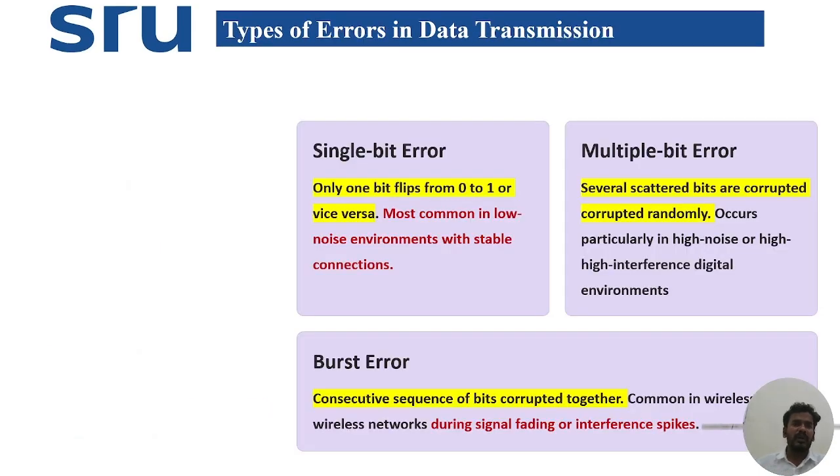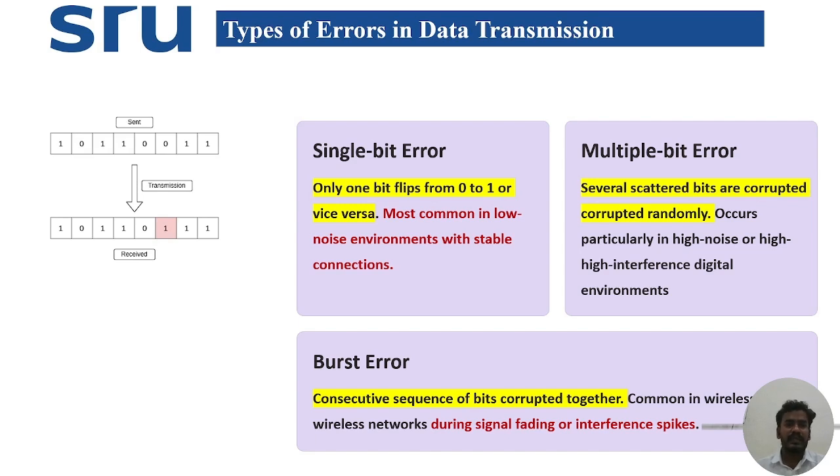So, coming to the types of errors in data transmission, like a single bit error. What is a single bit error? Only one bit flips from 0 to 1 or vice versa. Most common in low noise environments with stable connections.